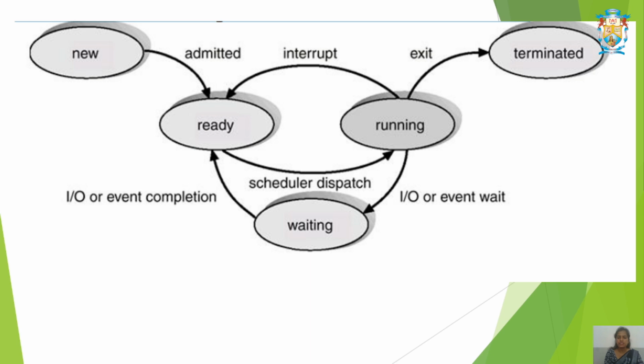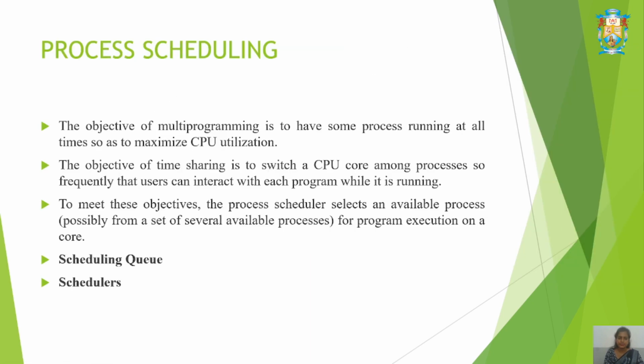After some time, while it is executing, it may request access for resources such as mouse, keyboard and printer. In such cases, it changes its state from running to waiting. And the last one we have is terminated. When the process executes all of its instructions, it will be termed as the terminated state.